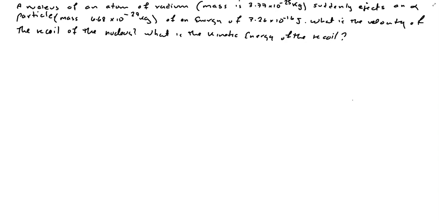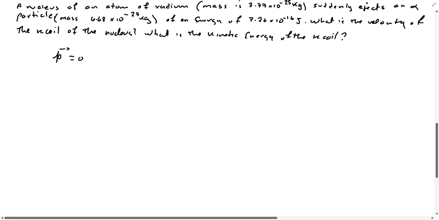In this case, we have to remember that by conservation of momentum, when we have a problem like this, we can say that the total linear momentum will be equal to zero.